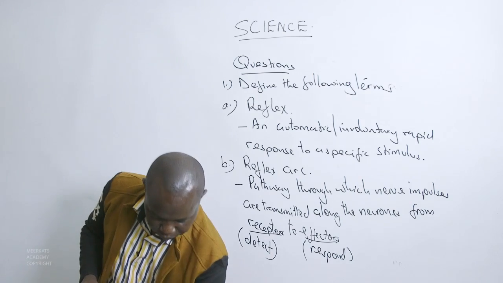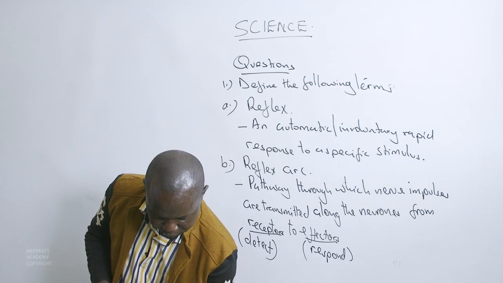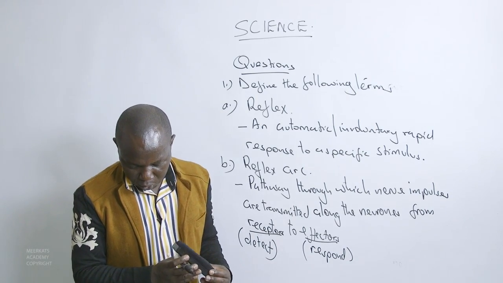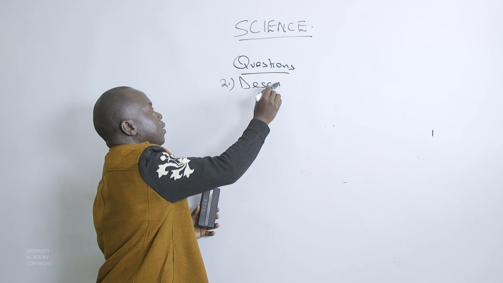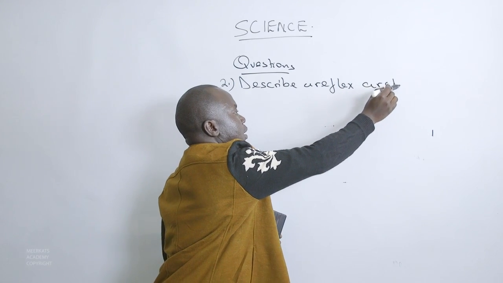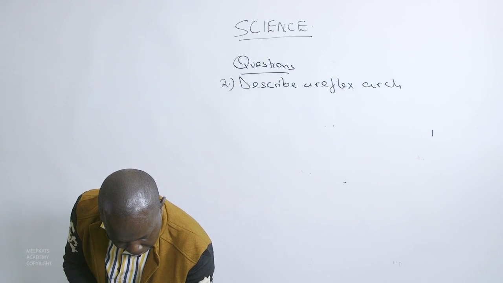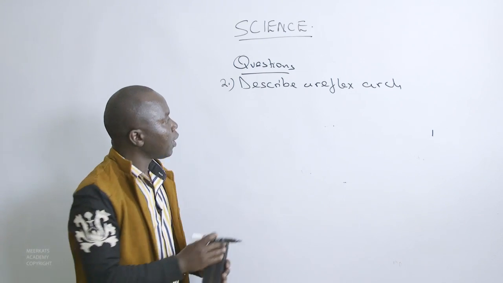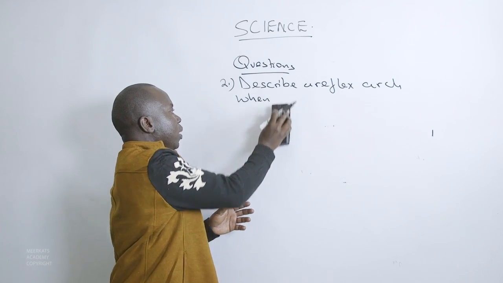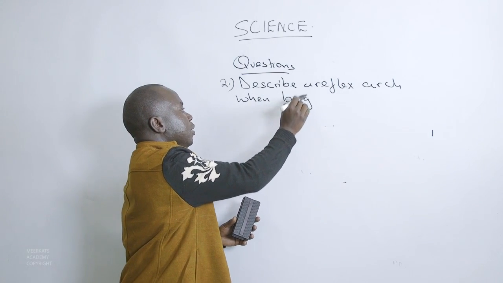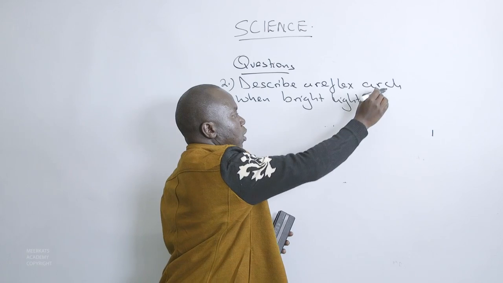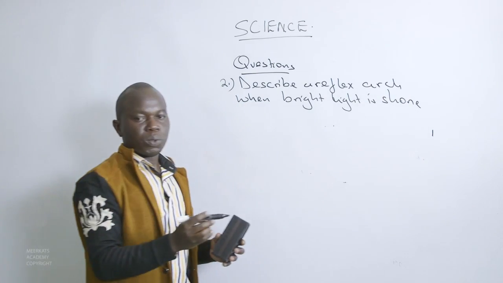Question number 2. Describe a reflex arc in the following situation: when bright light is shown into the eyes.